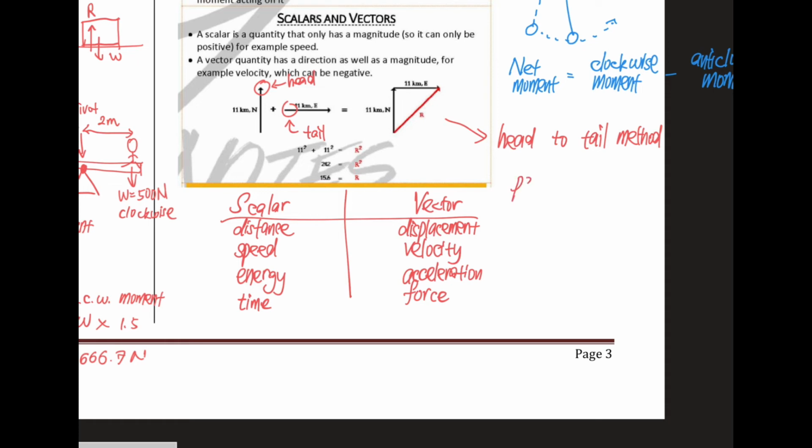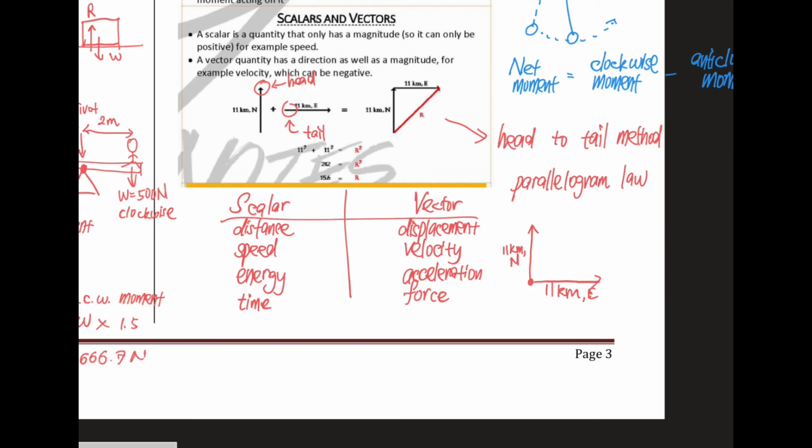Of course we have another method, which is called the parallelogram law, where you draw the first arrow 11 km north, then from the same point you draw the second arrow which is 11 km east.